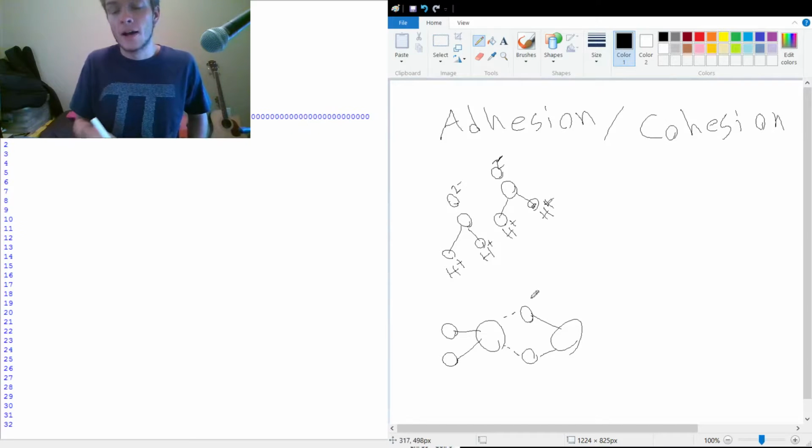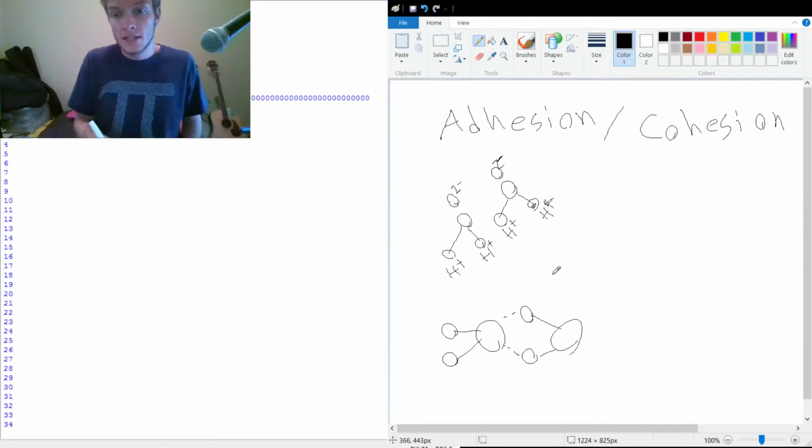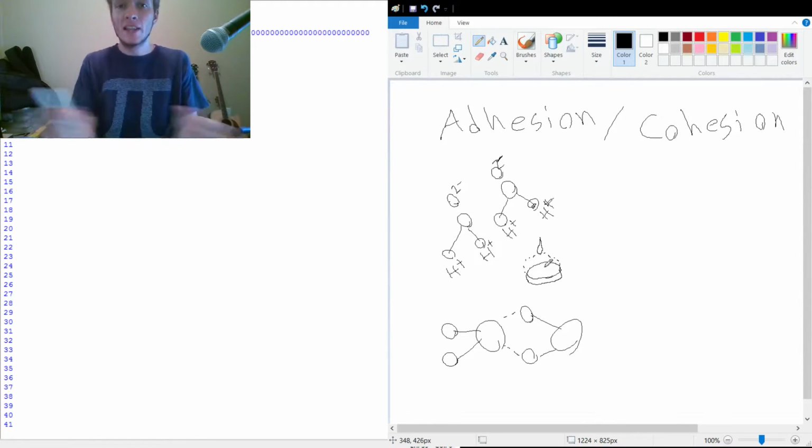And so water actually likes to stick to itself, and what you can see is if you have a penny or something like that, then if you just drip water on the penny, it will actually form kind of like a bubble of water around it, because the water doesn't want to leave the surface.